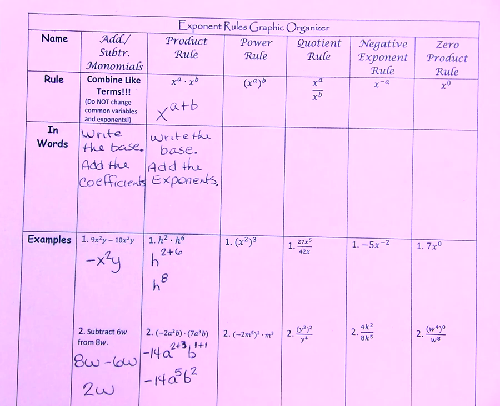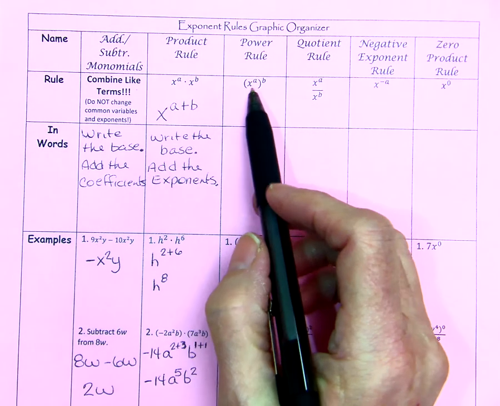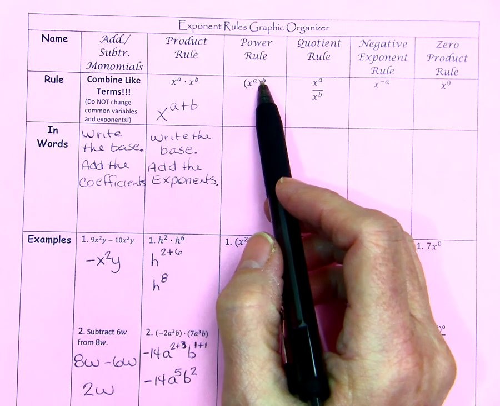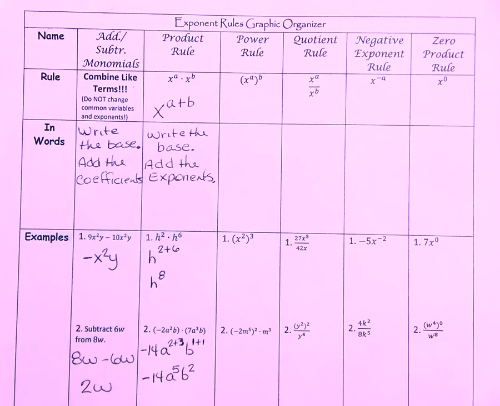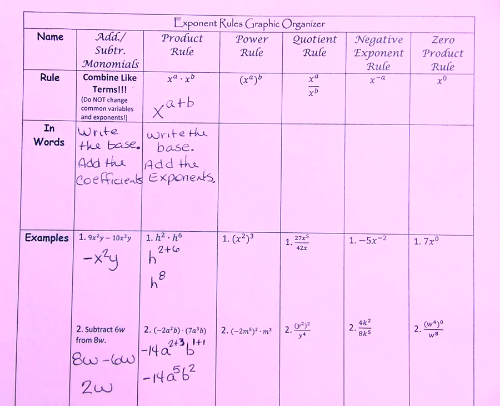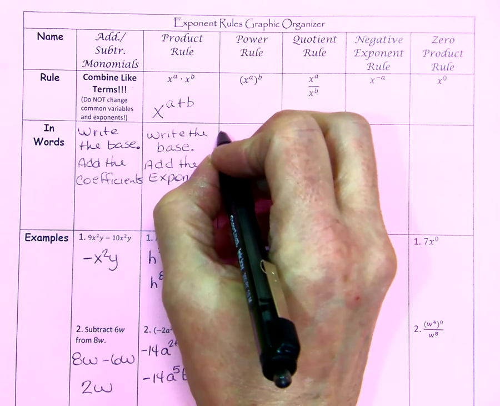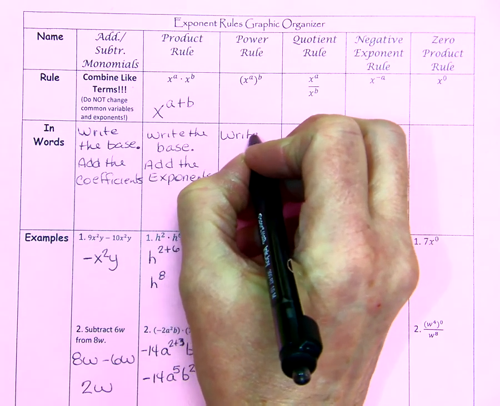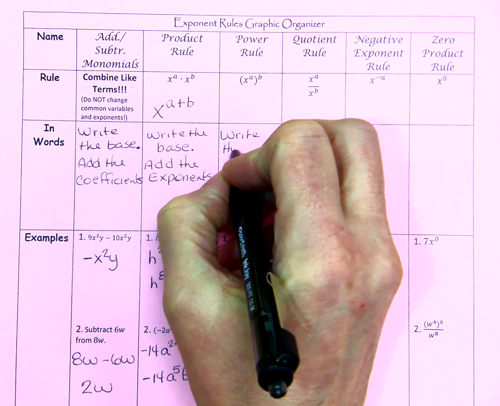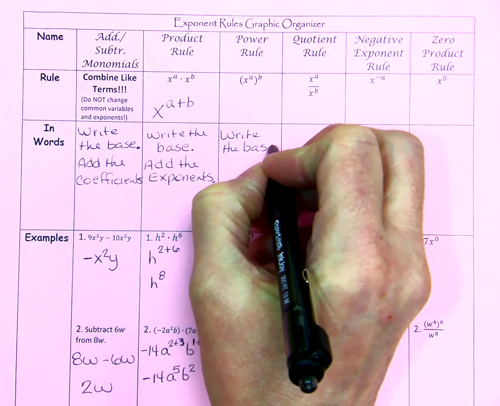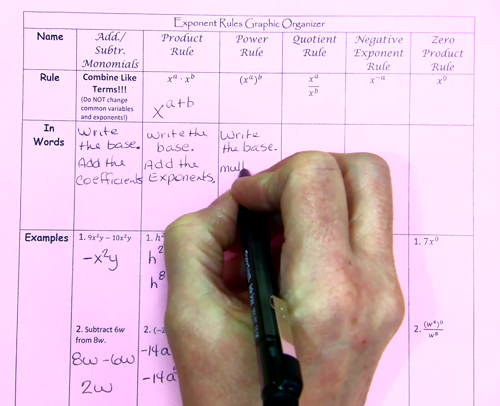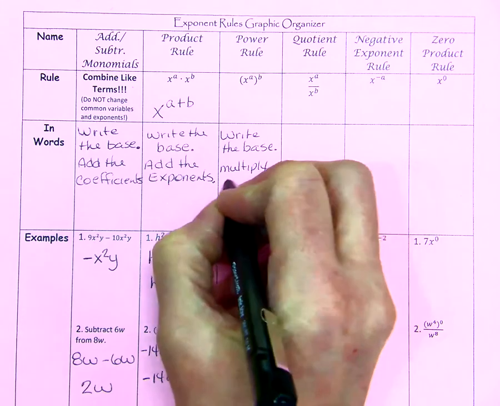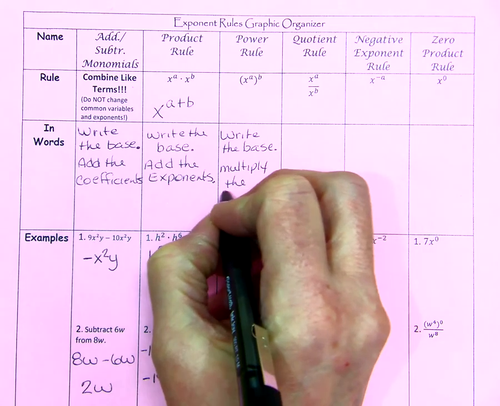Next is the power rule. This is when you are taking an exponent and raising that to another exponent. So when raising a term to the outside power, again, we are going to write the base, common theme here. And this time you will multiply the exponents.